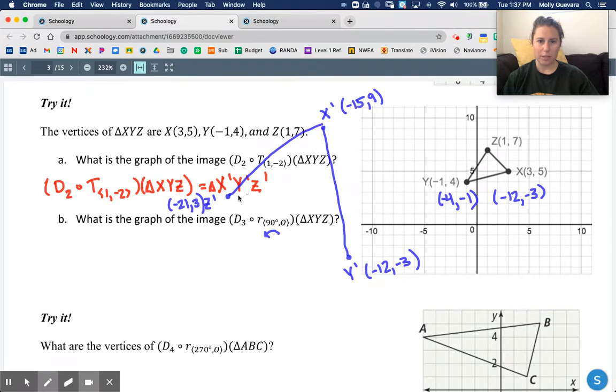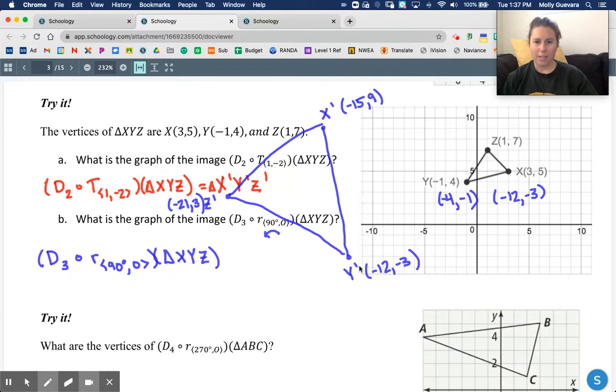Oh gosh, I was really off on that. It's okay. Okay, so the dilation with a scale factor of 3, unioned with a rotation of 90 degrees around the origin of triangle X, Y, Z. And I just realized, right, we have to use double primes because we've already used primes.